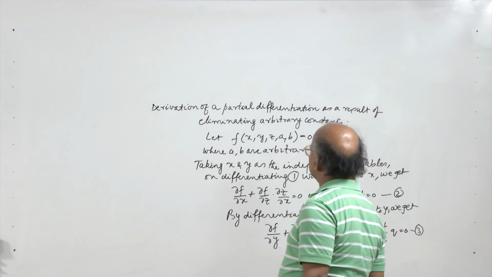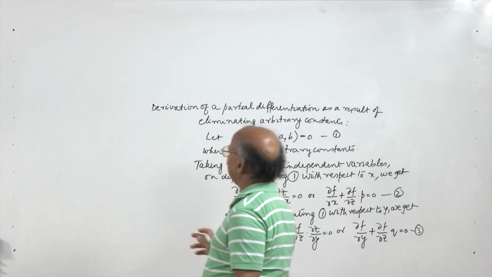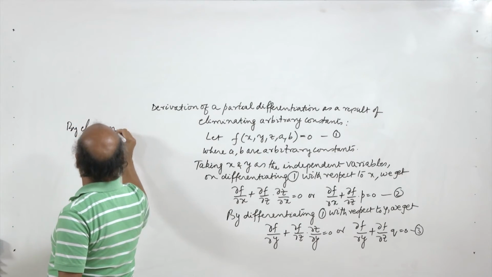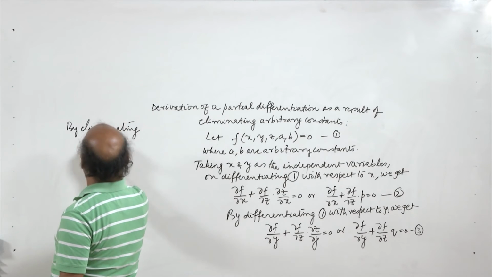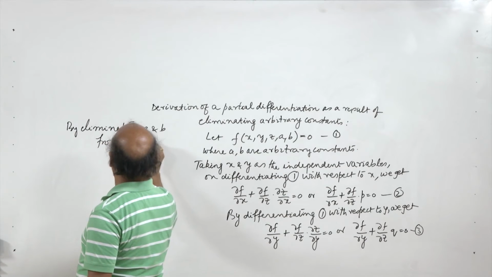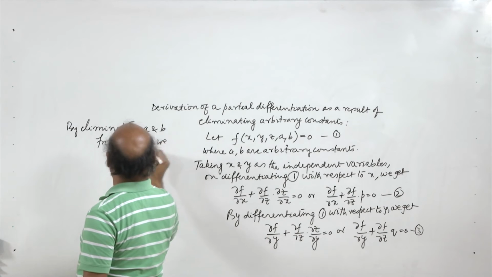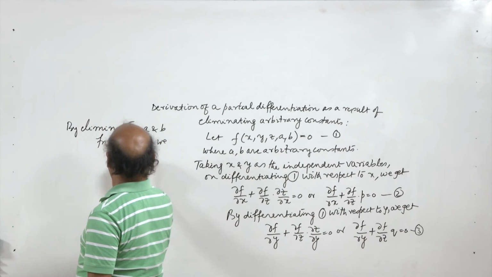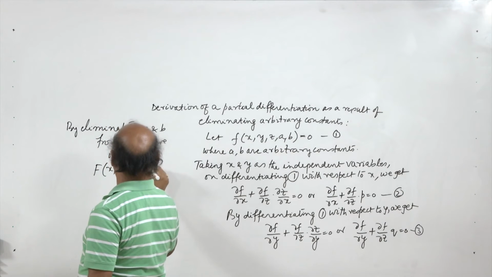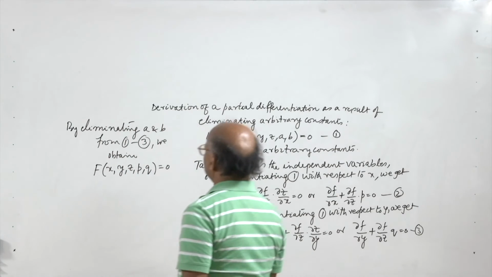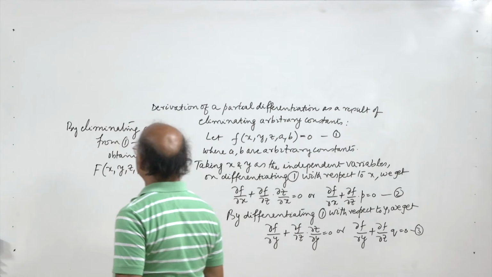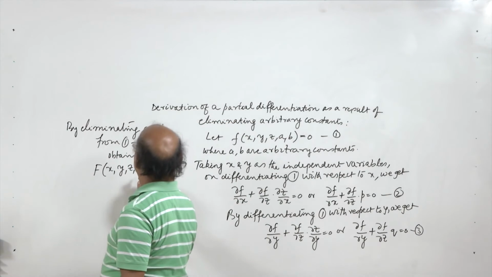From these three equations, in general the two constants a and b can be eliminated, and then by eliminating a and b from 1 to 3, we obtain a relation between f(x, y, z, p, q) equal to 0, which is a first order differential equation.